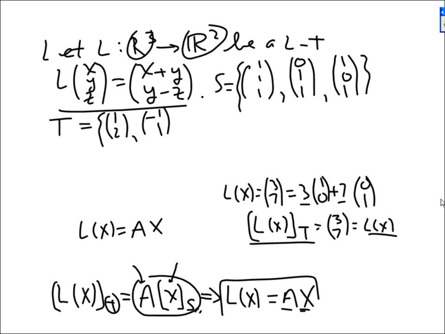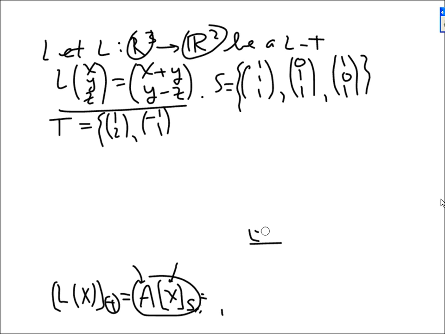It works like a charm. The thing is, you're not always given a natural basis for S and T for the vector space V and the vector space W.